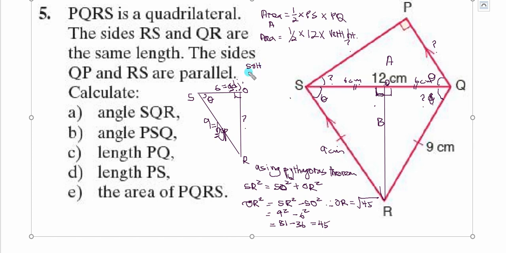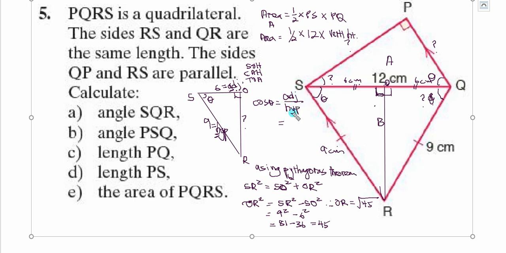So this is actually SOH, CAH, TOA. So you got an A, you got an H. So you're going to use cosine. So cosine theta is actually adjacent over hypotenuse.